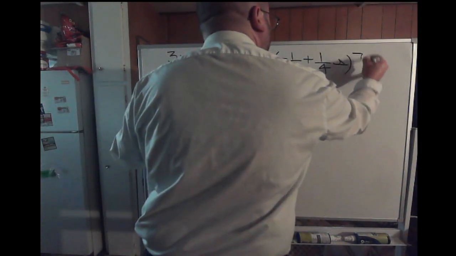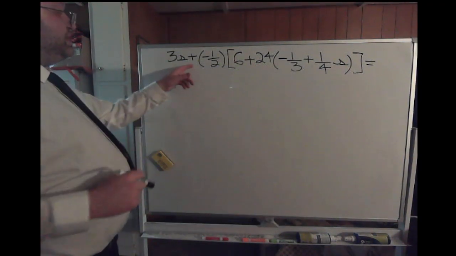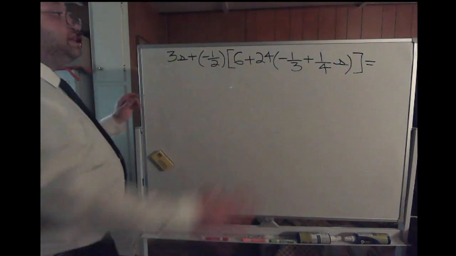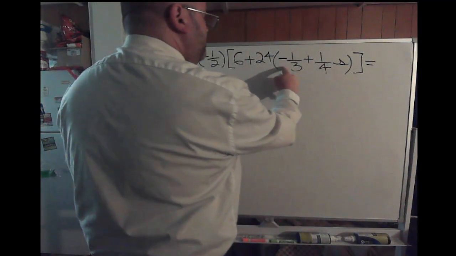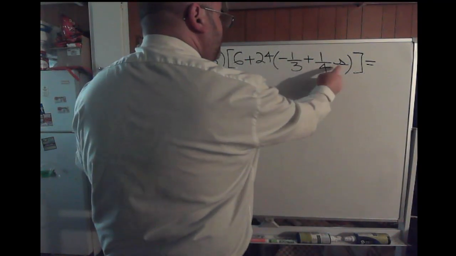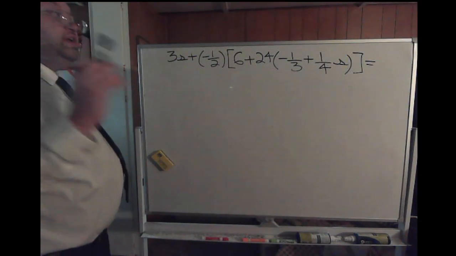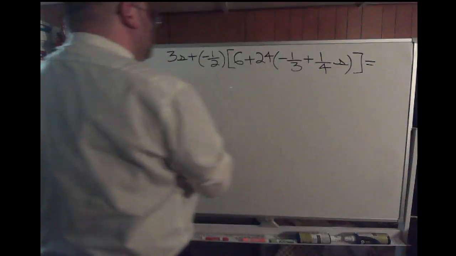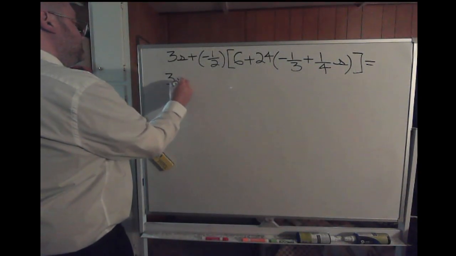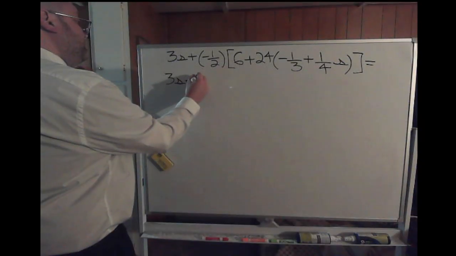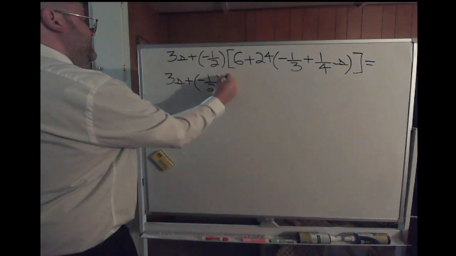Okay. Bit of a doozy here, because we got 3s plus the -1/2 all times the massive quantity in brackets of 6 plus 24 times the quantity of -1/3 plus 1/4 s. Order of operations dictates you deal with your innermost parentheses first. So we're still going to have 3s on the outside, plus -1/2 times everything on the inside.